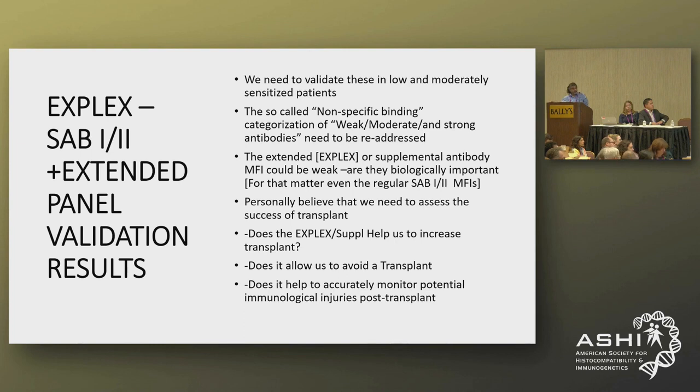Now, I would like to do that in lower sensitized, moderately alloimmune sensitized patients, with not very broad responses, and see how that works, and whether we are going to detect more allele-specific antibodies in such patients. We haven't done that comparison with XPlux yet. We would like to do that because that will allow us to have a better idea in terms of our recommendation to the transplant team.